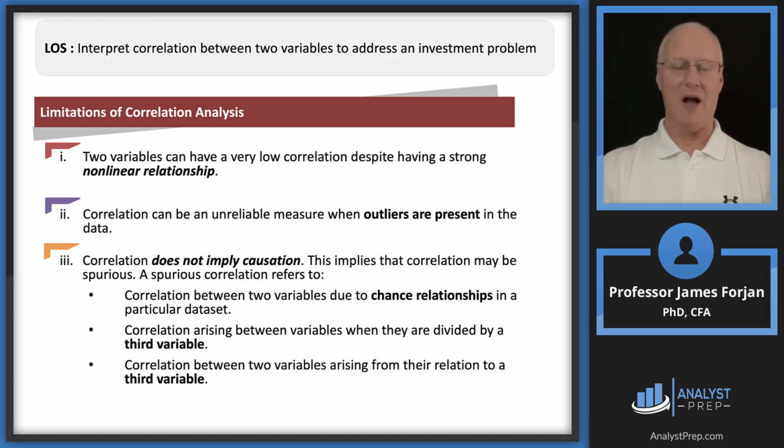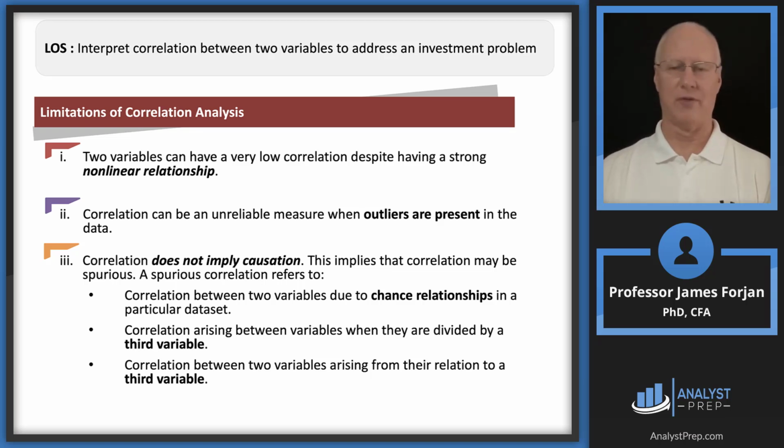All we know is how they move together, but we don't have any idea about how they relate to each other in terms of, does the chicken or the egg come first? Which one causes the other? Well, that's why we're going to spend tons of time in level 2 performing all sorts of advanced quantitative analysis to try to find causes and relationships there. What are some other things we don't like?